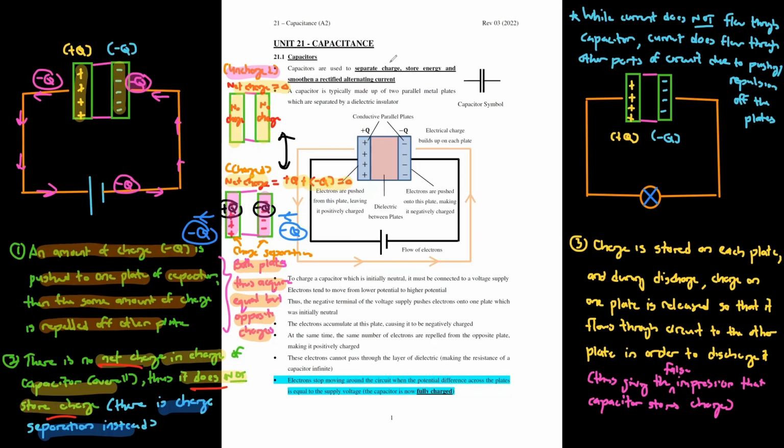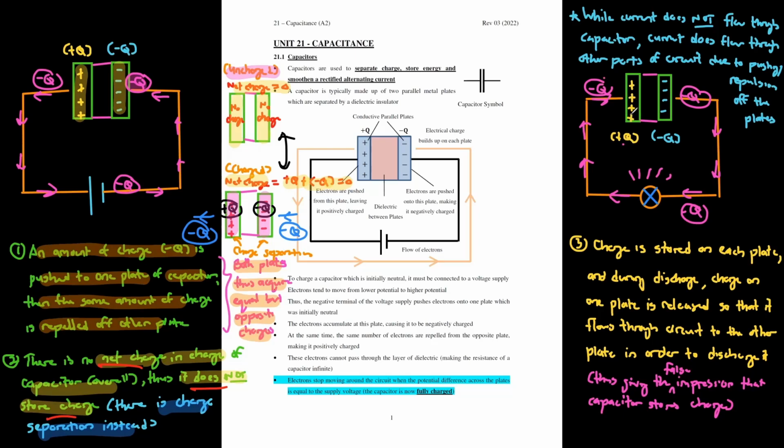The charge of negative Q that you originally deposited here will now move through your circuit to the other plate. It will flow through your lamp, causing it to light up, and keep moving until it reaches your other plate.